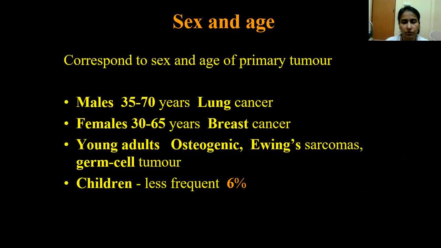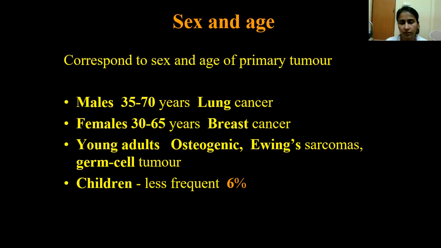Now the sex and age. In males, 35 to 70 years is most commonly seen. In prostate cancer, we have to look for bone metastasis mostly, and if you see a cerebral metastasis, you have to look for lung cancer, because there is a very short latent period also. And in females, it is seen in 30 to 65 years, and you have to look for breast cancer.